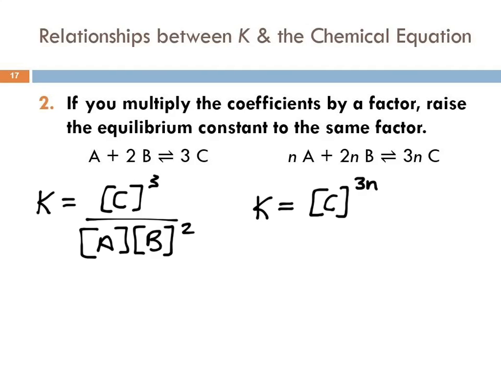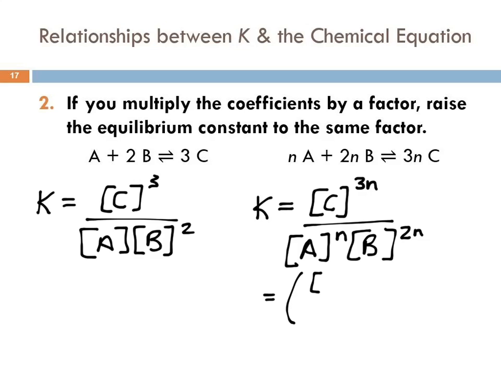We don't know what n is. Could be 1, could be 5, could be 17.4637. Probably not. Why would you do that? And then this would be A to the n and B to the 2n. Everybody okay with that? Well, that is equal to C cubed over A B squared, the whole thing raised to the n power.